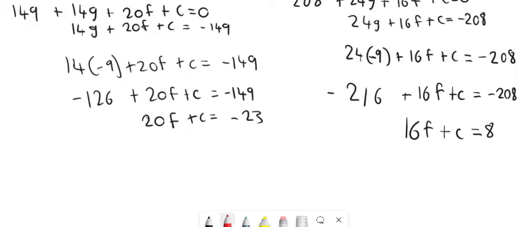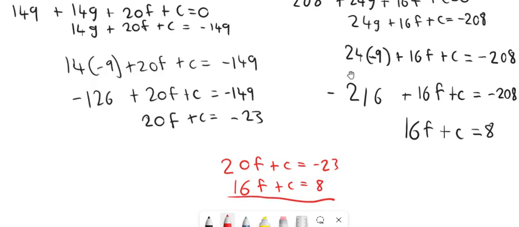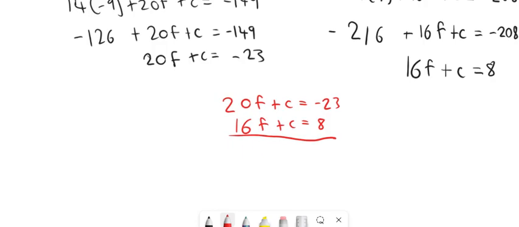Now I'm just taking those two equations and I write one over the other. And it's just solving simultaneous equations from here. Take one away from the other, we get 4f is equal to minus 31. So f is equal to minus 31 over 4.